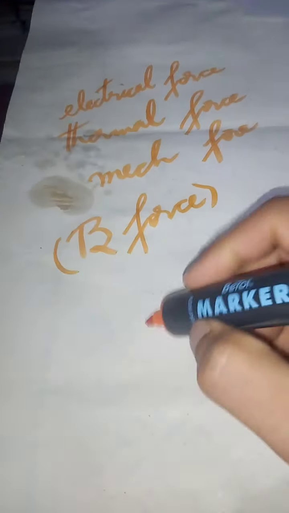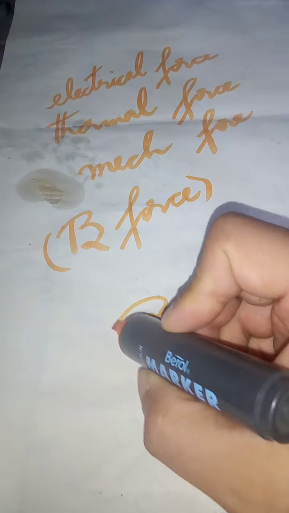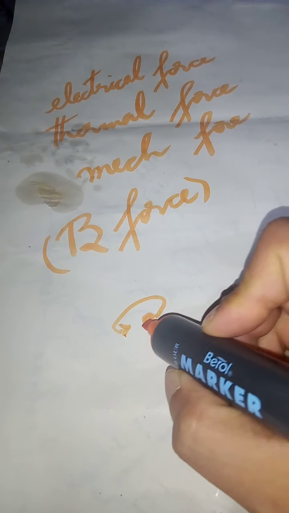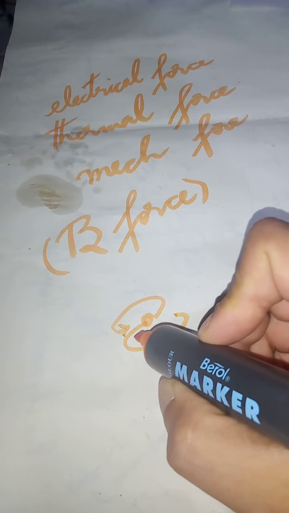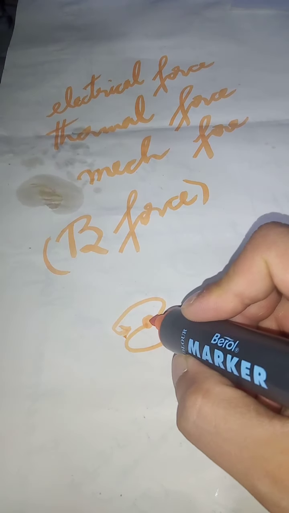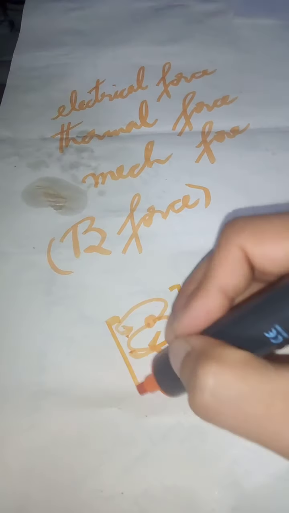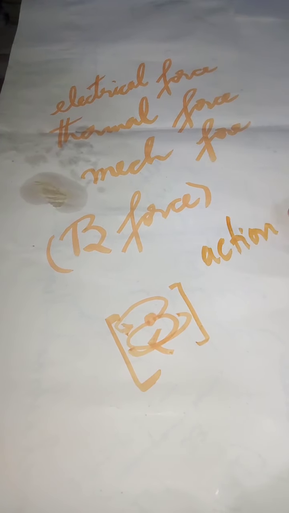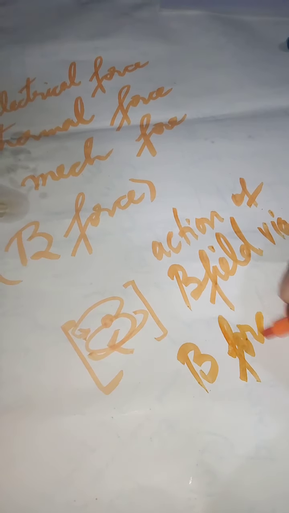Now, magnetic force is on a magnetic electron or a particle, and it allows it to spin anti-clockwise or clockwise, and that spin is due to the action of the B field via B force, magnetic force. So that's that, and after the compass alignment, I talk about magnetic force.